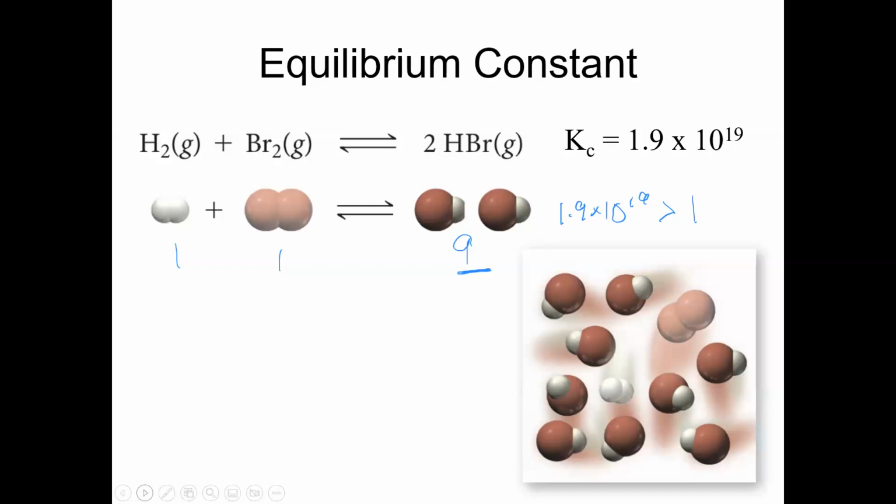Whenever we have more product particles or more products, our K value is going to be greater than 1. So anytime you see a K greater than 1, or it can be equal to 1, it's going to be that our products are favored. So there's more products at equilibrium.